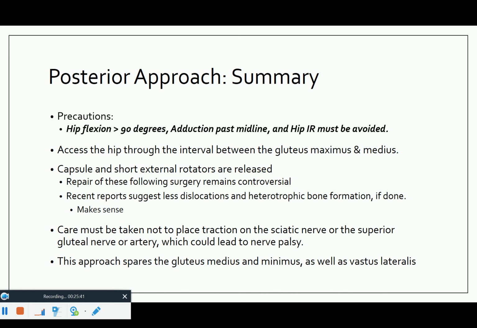The big one here is the precaution. This is the one you guys should know very well. Hip flexion greater than 90 degrees, adduction past midline, and hip internal rotation must be avoided. These all place stress on the posterior portion of the capsule and may lead to dislocation of the hip, especially early on if these precautions are not followed.